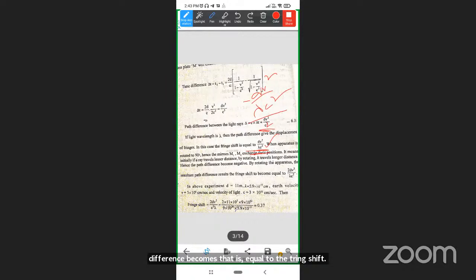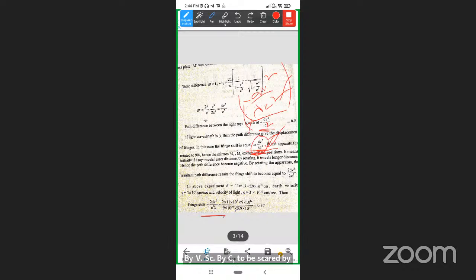The fringe shift is d v square by lambda c square from the first position, and the second is the negative of that, so minus into minus becomes plus. Therefore the fringe shift is 2 d v square by c square into lambda.